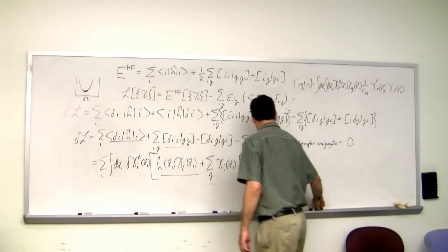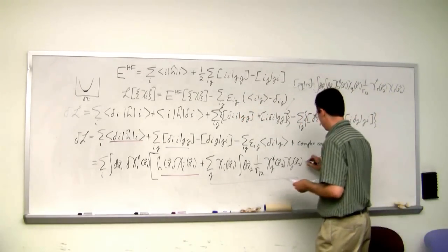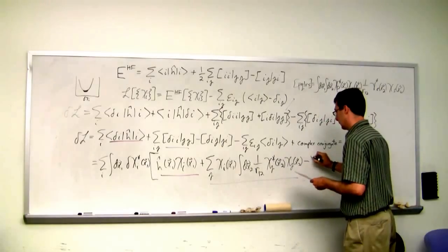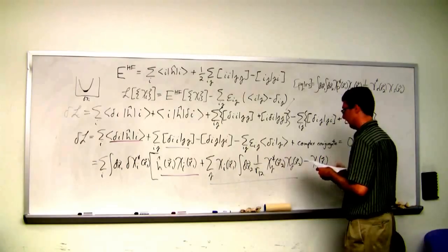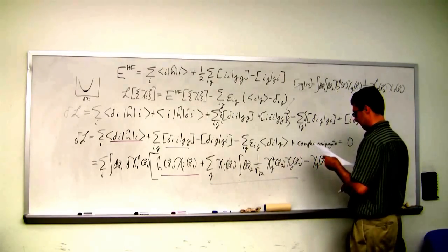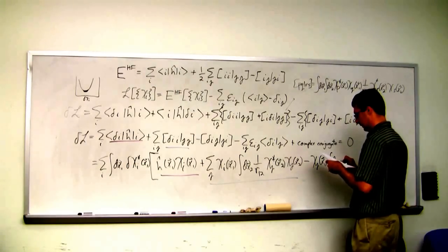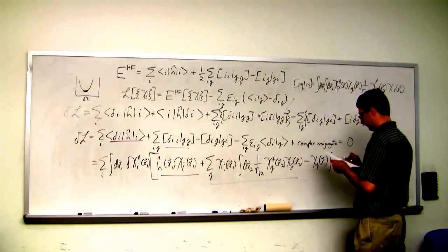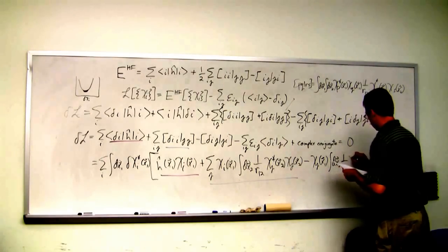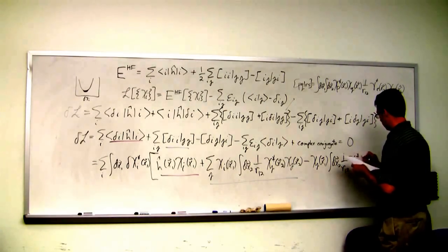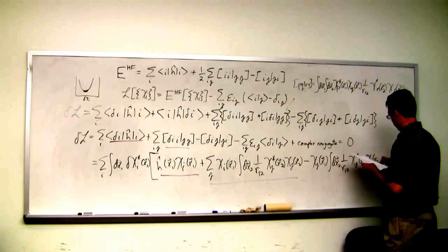Now I need to do the exchange term. That's going to be subtracted, minus chi j of x1 integral dx2 1 over r12 chi j star of x2 chi I of x2.